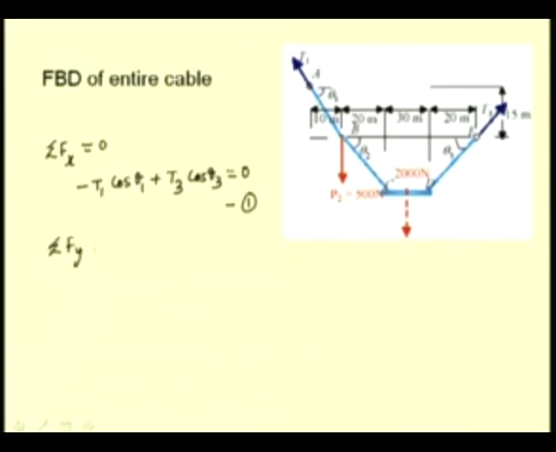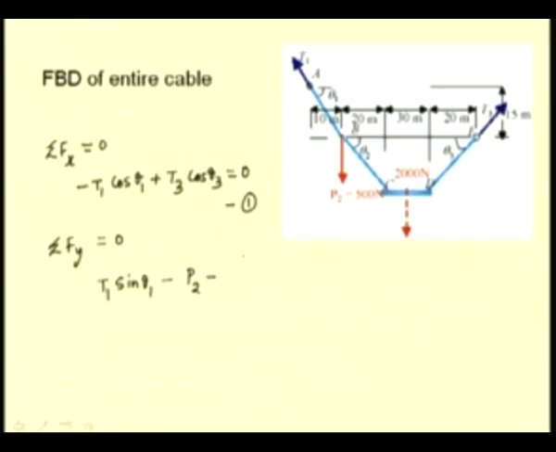Now, for the forces to be 0, the vertical component has to be also 0. So, we have the vertical component of this force at A, which is T1 sin theta 1 in the positive direction. We have this concentrated load P2. So, minus P2 which is known, and the equivalent concentrated load of the platform CD.